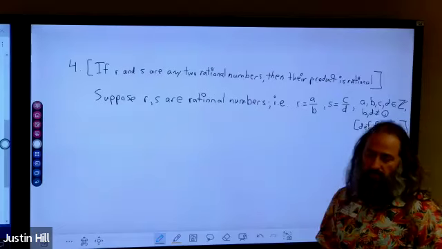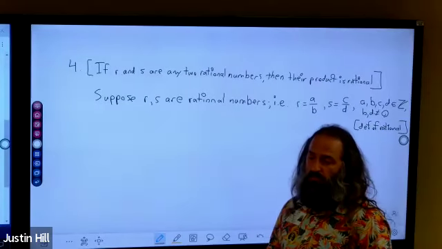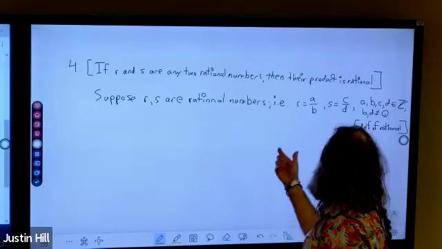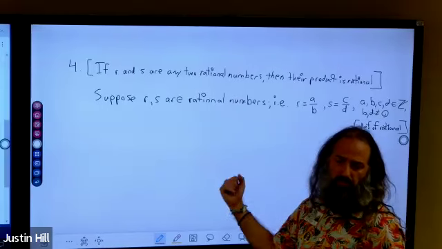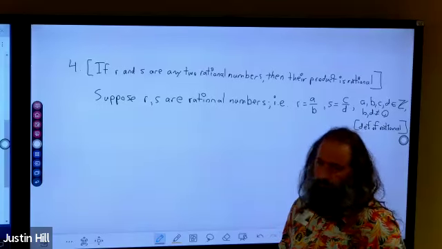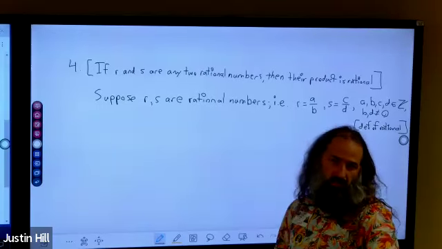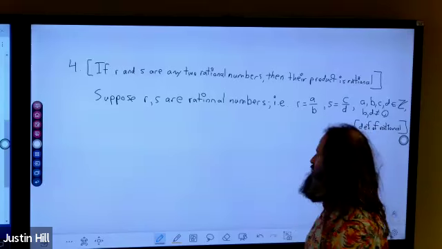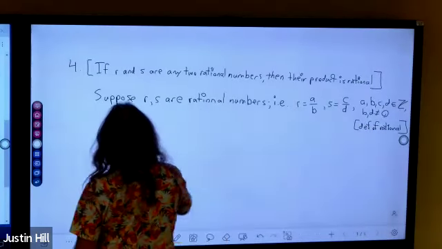Now, my goal for this is to see that the product of these two things is rational. But the fact that I want the product, that's the construction I need to introduce.